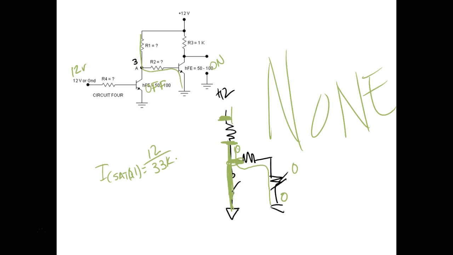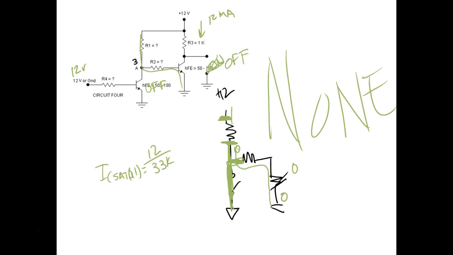So when it's saturated, it's going to drop all the voltage, so we get 0 on the base of the other transistor and make it turn off. When this guy is on, we've got 12 milliamps, right? Milliamps. But what we're going to be doing is controlling this with like 6 microamps. So we'll see what current gain we get out of this thing in a second for the entire circuit.